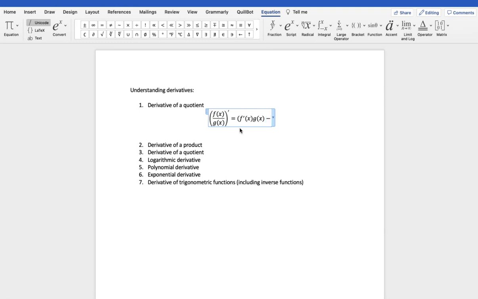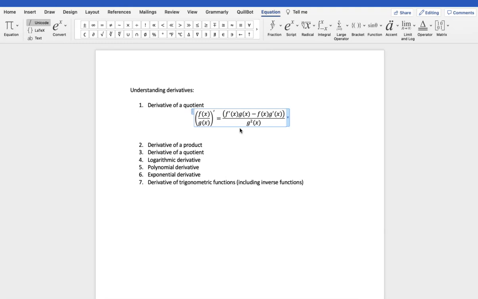You subtract the numerator, f of x, multiplied by the derivative of the denominator, g of x prime, and all of that is divided by our denominator squared.